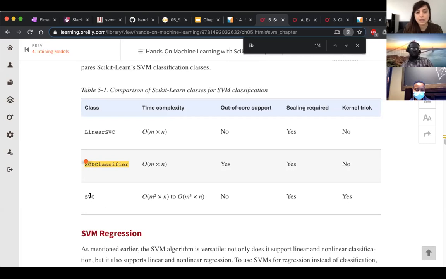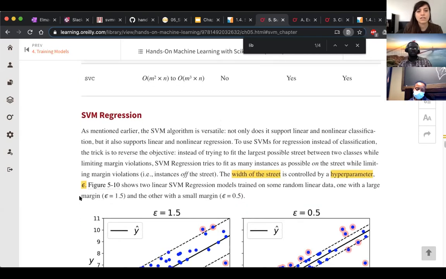Later on, he's going to describe that if you're dealing with a very large dataset with millions of features, you're better off using one of these rather than SVC with kernels if you have a choice, because otherwise you're going to end up with a model that is very computationally complex, as it is a function of M squared or M cubed. And from these, the only one that we can use out of core is the SGD classifier.